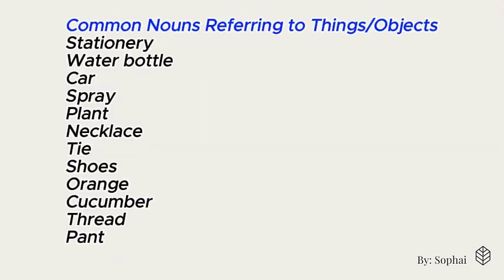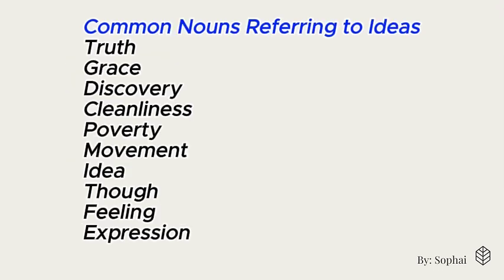Common nouns referring to things, objects: stationery, water bottle, car, spray, plant, necklace, tie, shoes, orange, cucumber, thread, pant. Common nouns referring to ideas: truth, grace, discovery, cleanliness, poverty, movement, idea, thought, feeling, expression.